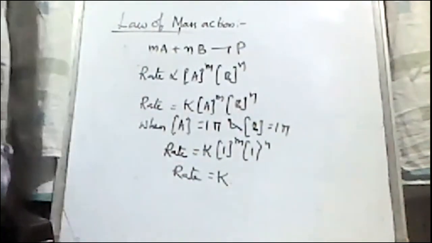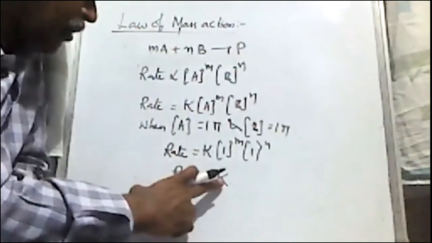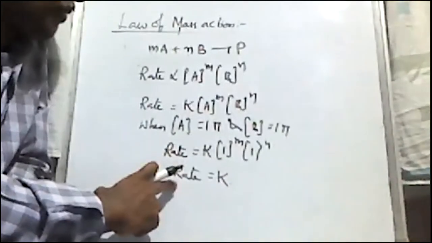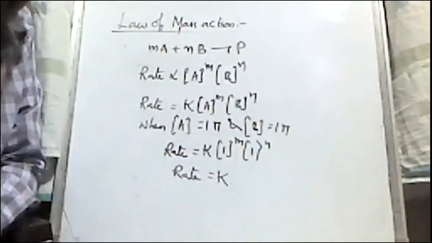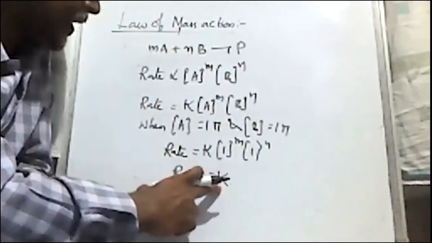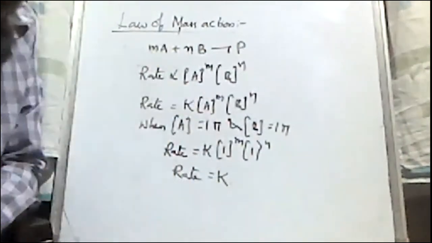Now, how are we defining this rate constant? The rate constant is the rate when the concentration of all the reactants is unity. When the concentration of all the reactants is unity, then the rate becomes the rate constant.